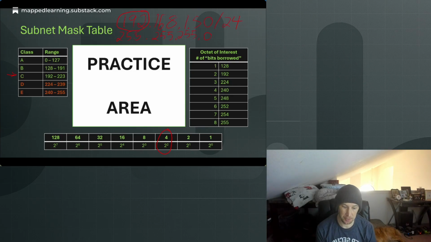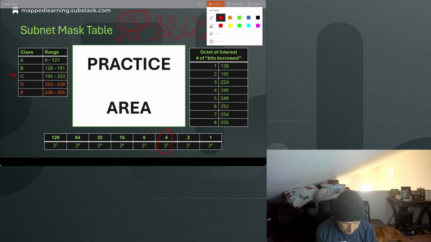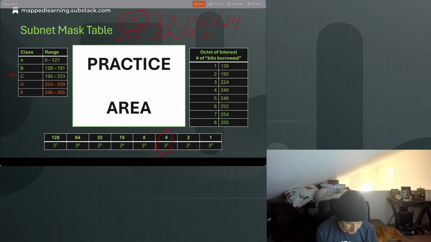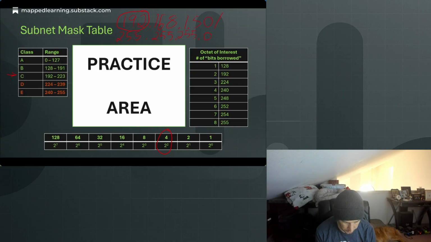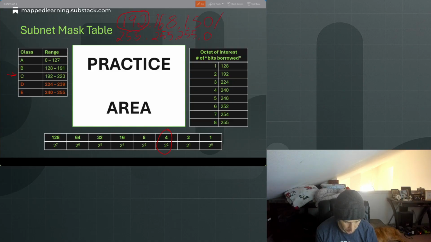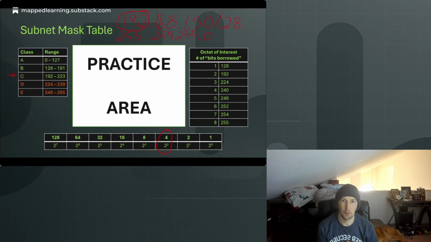Now, that is if we're using a default subnet mask. But instead of using 24, we're going to use 28. Okay? So by default, 8 plus 8 plus 8 is 24.